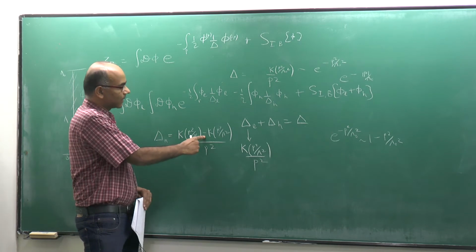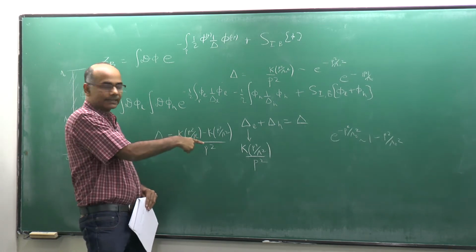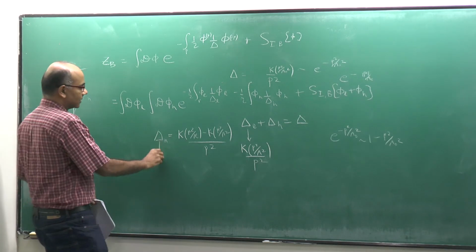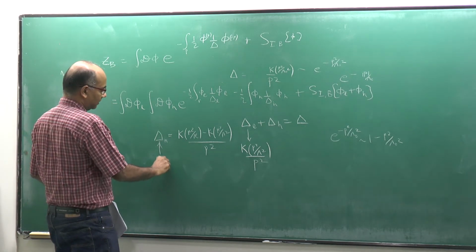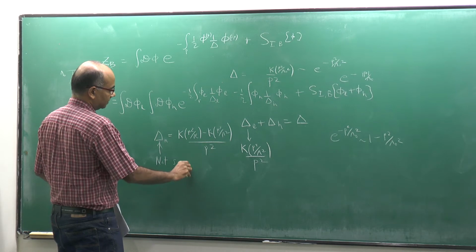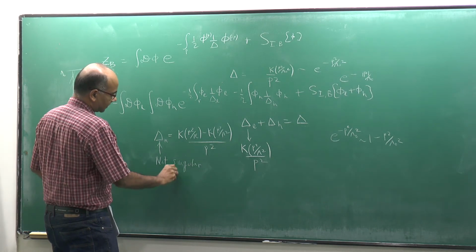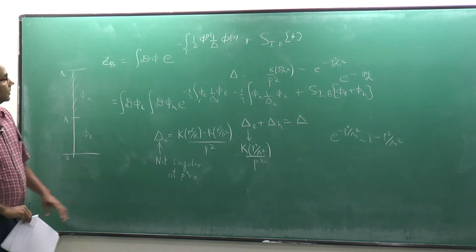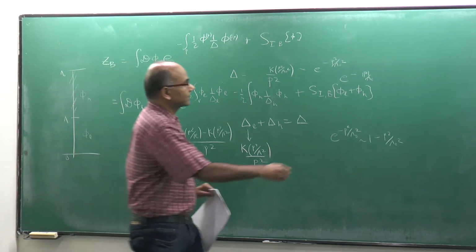So there's p squared in the numerator, and p squared in the denominator cancels. So the pole at p squared equals 0 disappears. So this is not singular at p squared equals 0. That's something you should keep in mind.